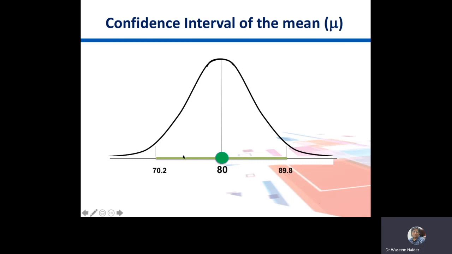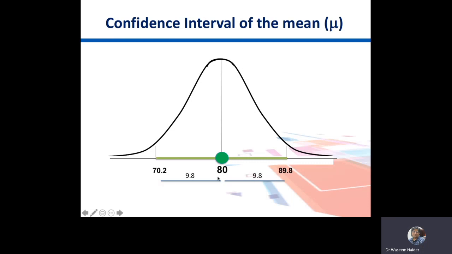These bars represent the range of the confidence interval. Towards the left, this whole area is 9.8, because 70.2 plus 9.8 makes 80, and towards the right it is again 9.8.